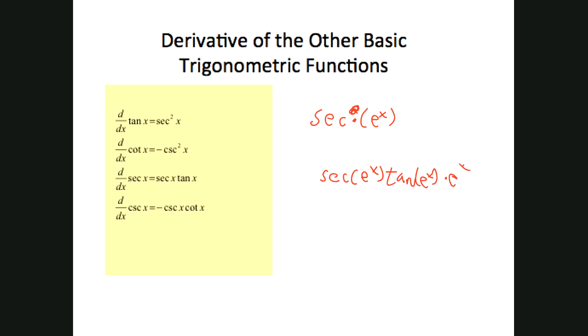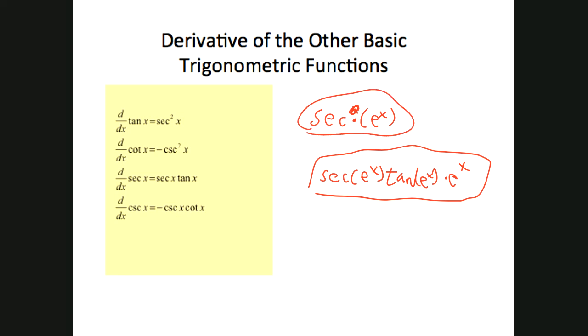So this would be my derivative of this thing, which is kind of crazy because usually when we take a derivative, we have a smaller function. Not always. So we get secant e to the x, tan e to the x, e to the x. But you won't need to know that until next week when we start dealing with the chain rule. I love the chain rule, especially when you have the chain rule inside the chain rule inside the chain rule. Awesome problems. All right, derivatives of exponential functions.